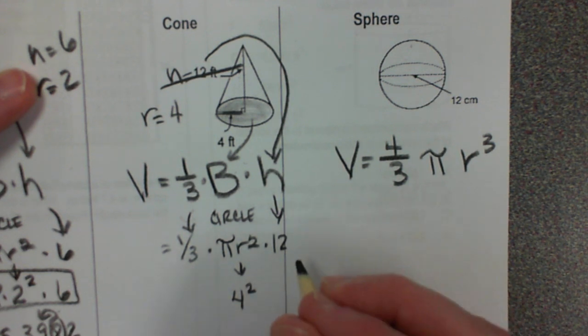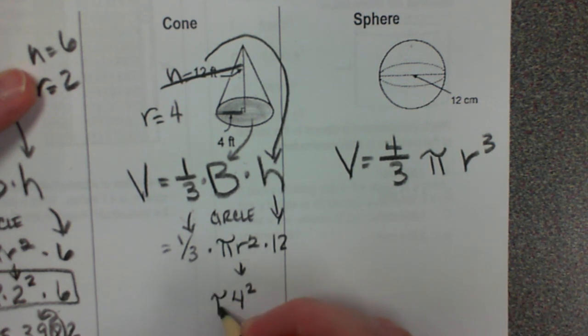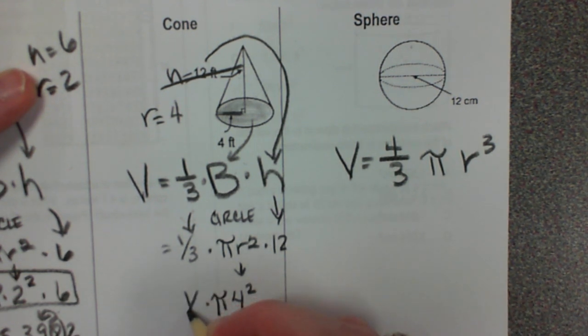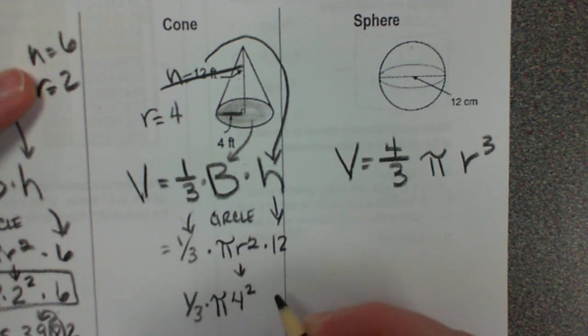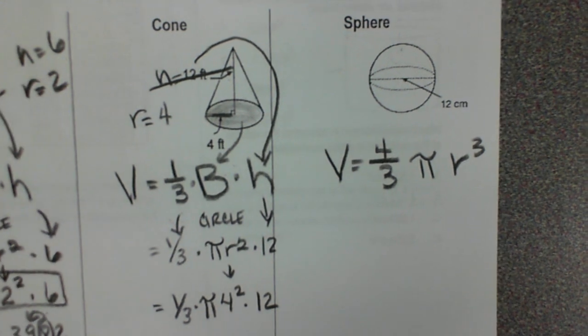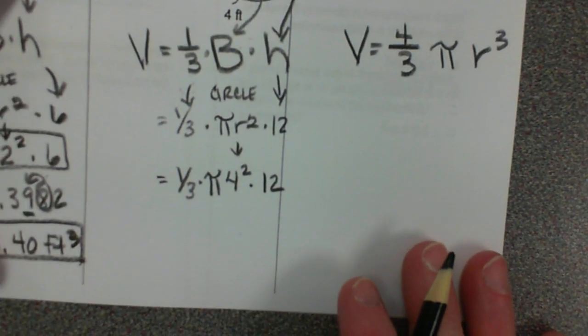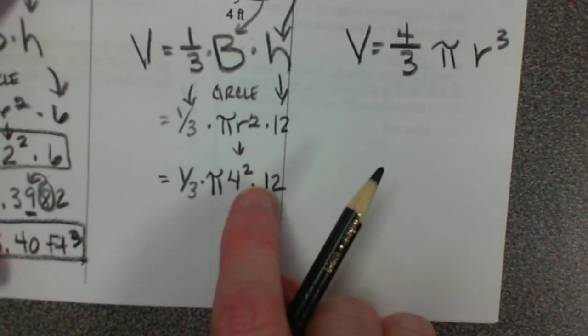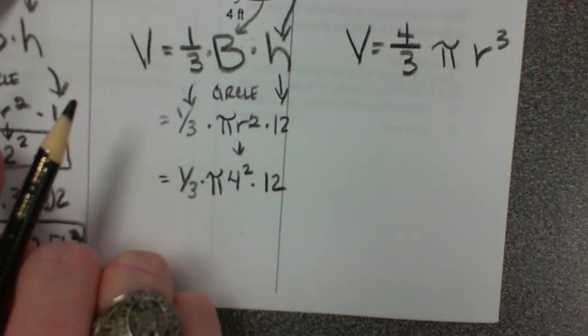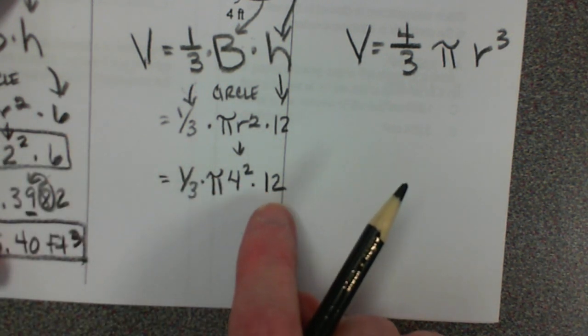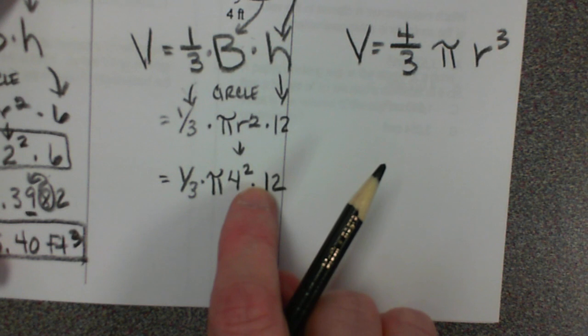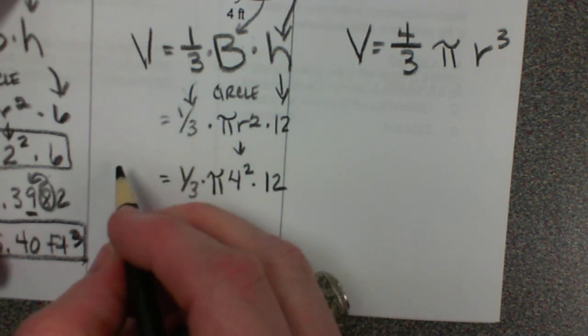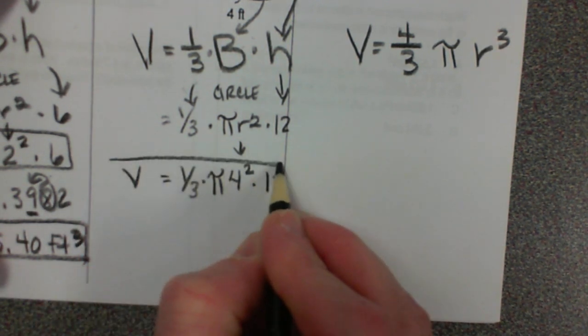I'm going to square it. I don't forget my pi button. Can't forget my 1/3. And I can't forget my height line, which is 12. Okay, those are the pieces that I've got to remember to put in. And just like I did the last time, since I got the proper radius in the proper formula, this is an answer choice.